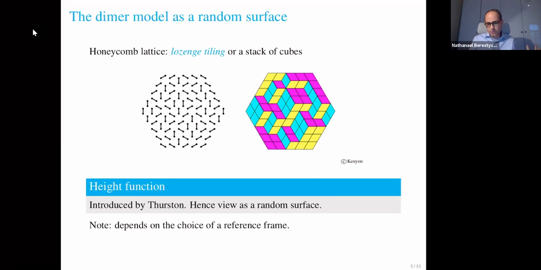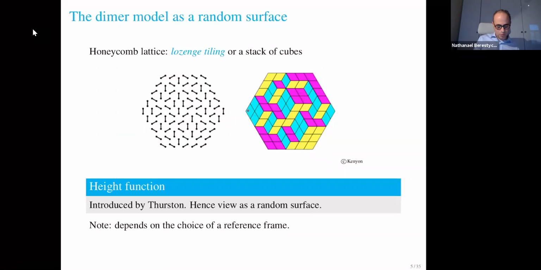And once you have this stack of cubes, you can define a notion of height, namely at every point I can ask myself, for instance at this point, which corresponds to this lozenge here, what was the height here? What is the height, let's say, at the middle of this face? Where I measure the height is a bit a matter of choice.